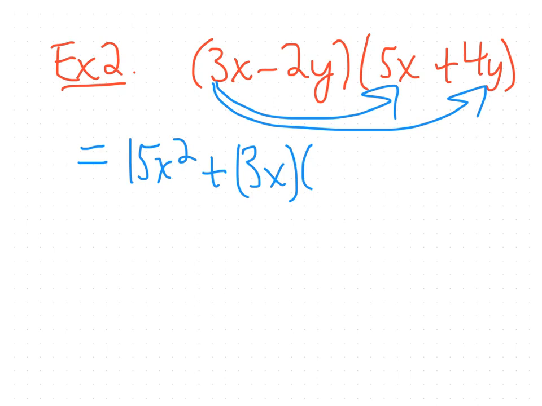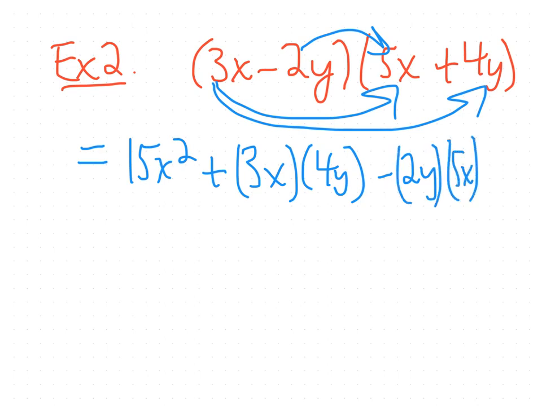I'll leave it as a bracket for now, since there are more variables, so you can see what's happening step by step. Then the third distribution becomes negative 2y times 5x. And our last distribution becomes negative 8y squared.